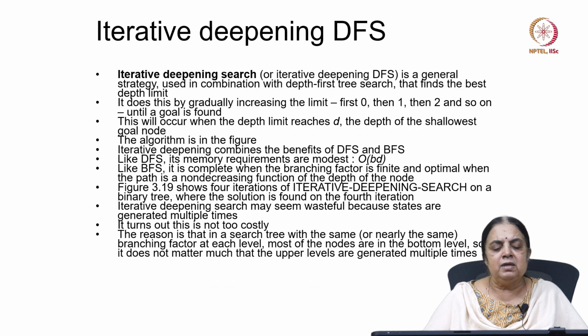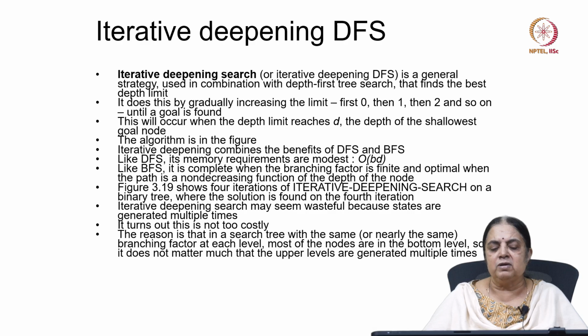Now you may think that this is a waste. It may seem wasteful because you are duplicating, getting the states again and again. But what we are duplicating is the nodes at the higher levels, and there are not many nodes there. Most of the nodes are at depth d.